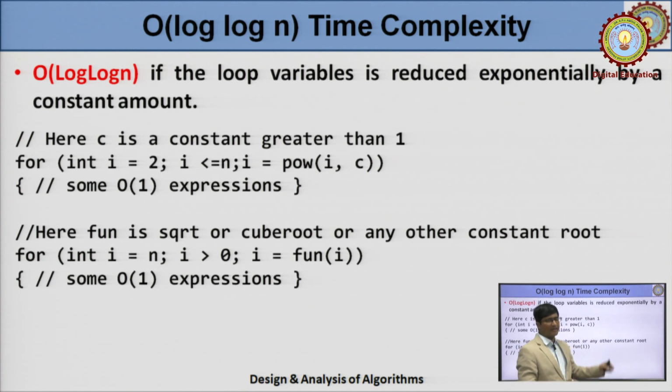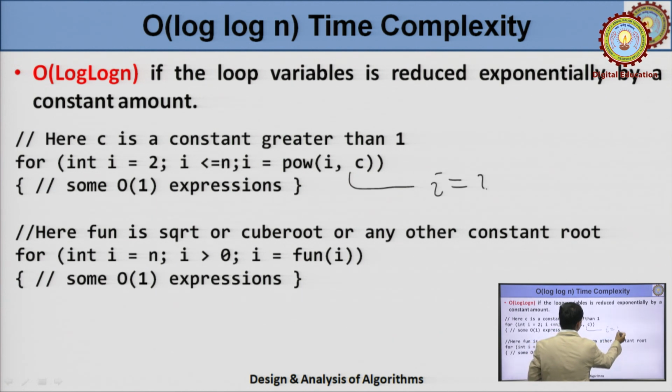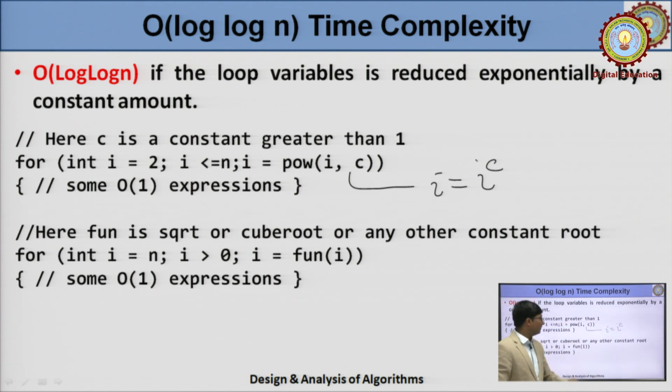Like for example, in every iteration, i is changed by a factor of i is equal to what? i raised to the power of c, where c is a constant value. So, in here also the loop variable is reduced by a factor of i raised to the power of c. In such cases we can represent the time complexity to be what? Order of log log n complexity, right?